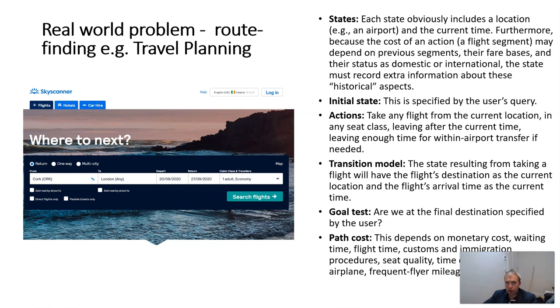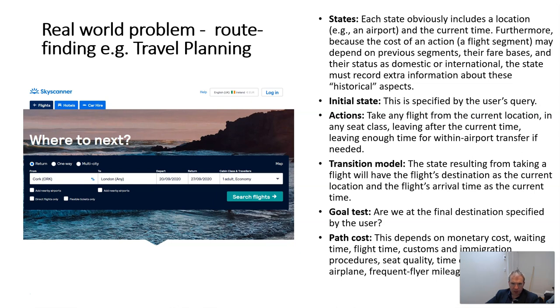Okay. So another real world problem, or our first real world problem we'll consider, is travel planning. Again, each state will include a location and an airport and the current time. The cost of the action can be defined as the flights we intend on taking, how much it costs, where we're traveling to, is it in one country or multiple countries, and any other additional information we want to add.